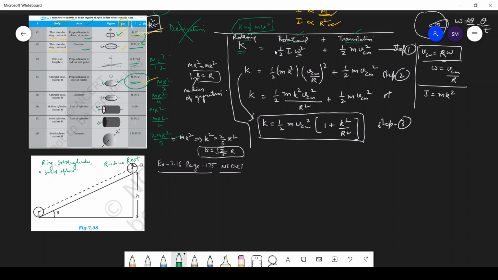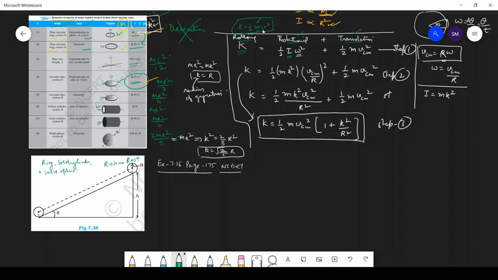Now in rotational motion, this mass m is replaced by moment of inertia. Both play the same role. The role of mass is that it doesn't allow the body to change its state. That is the law of inertia, Newton's first law.